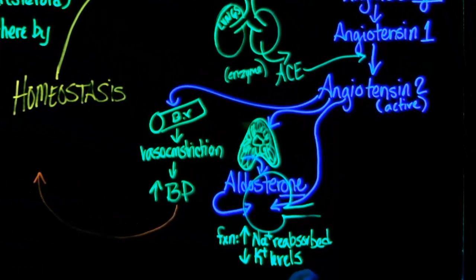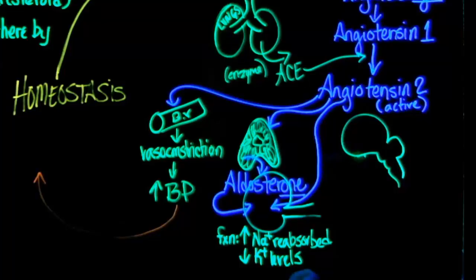Now, there is another location where we would expect to see, draw a little pituitary, where we would expect to see angiotensin 2 with receptors. Angiotensin 2 is also going to target that hypothalamus. And when the hypothalamus is aware of angiotensin 2, one of the things it will do is, through the posterior pituitary, kick out anti-diuretic hormone.